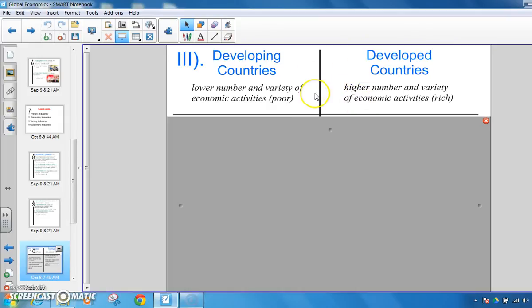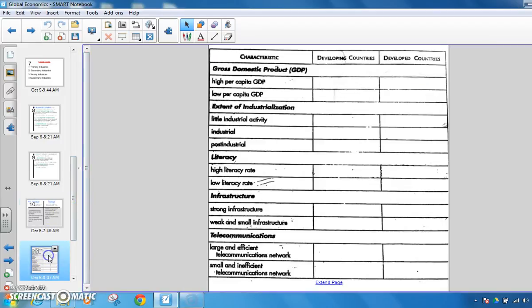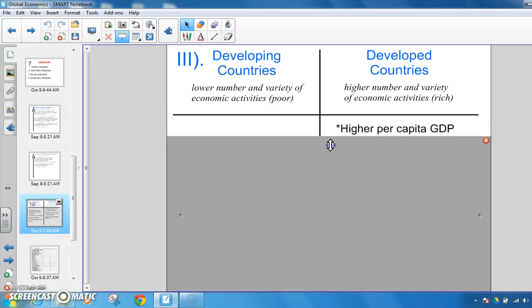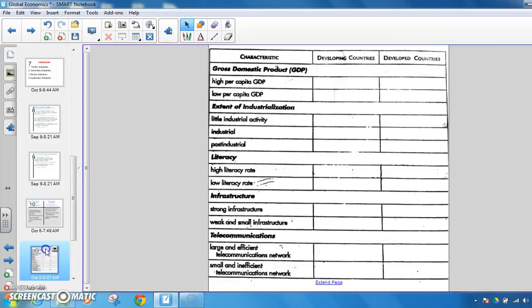After you've copied this down, and the sub or the teacher will give you a chance to be able to do this, what you're going to do is go and take each one of these characteristics and put them down in your T-chart. Now, if I'm writing a T-chart for developed countries, I would look at this and it says high per capita GDP. And you already saw I revealed the answer. But that is a developed country.